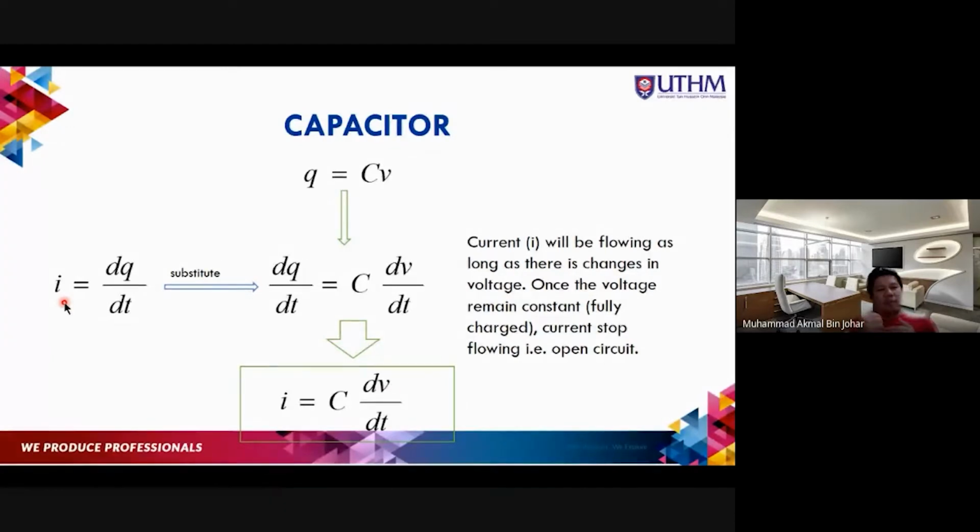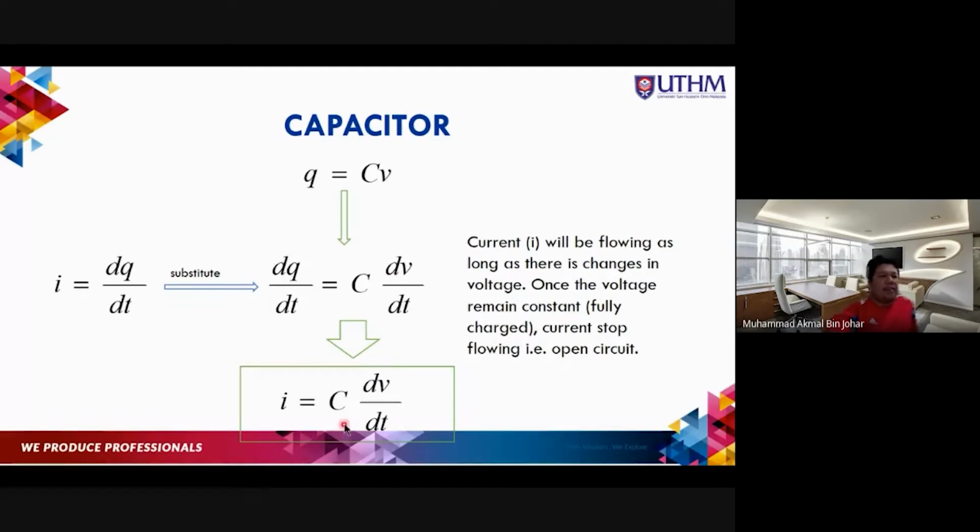So dq over dt is equal to C, di mana voltage juga akan berubah terhadap masa, C times dv over dt. Okay. So you have this, I is equal to dq over dt, and you can substitute the Q when you divide the Q terhadap C terhadap dt, you akan bahagikan juga, bezakan juga terhadap voltage terhadap masa.